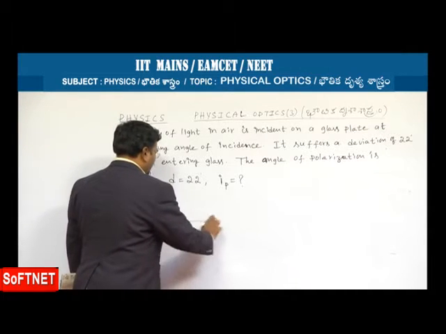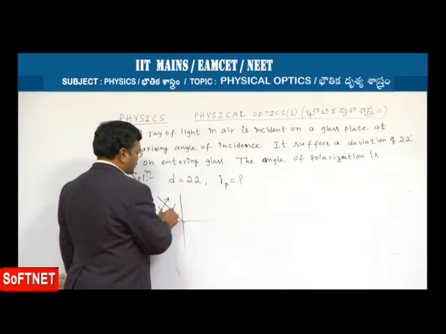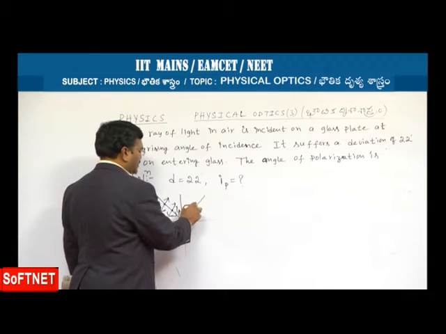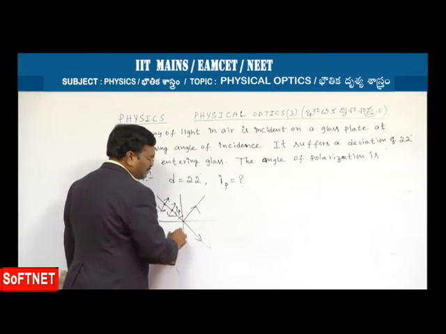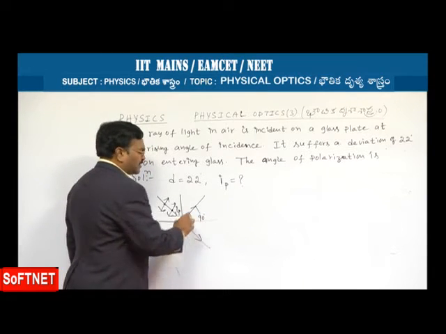According to that, this is unpolarized light, like this. At the angle of polarization, what happened? Reflected and refracted rays are perpendicular, like this.